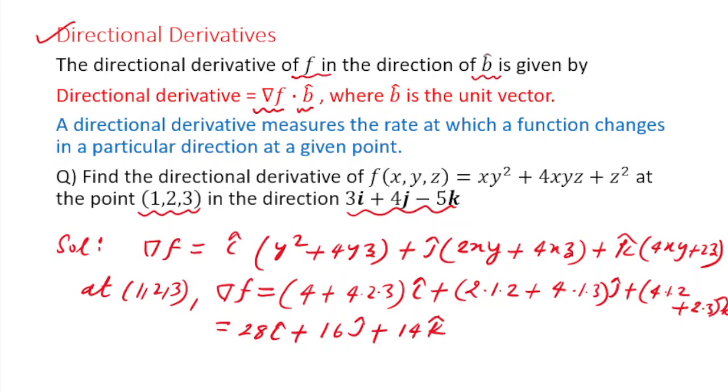We have just understood that the directional derivative gives us the rate of change, the way the function changes in a particular direction. So I may also think about in which direction the function will change the maximum. There will be a maximum rate of change of the function, right or not?